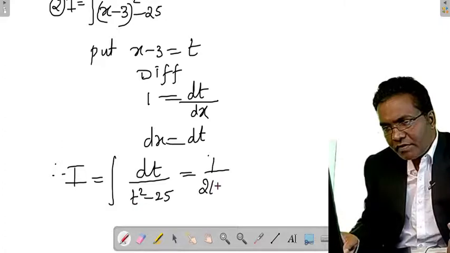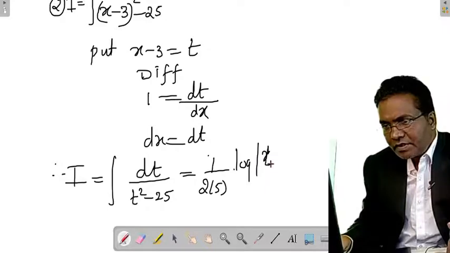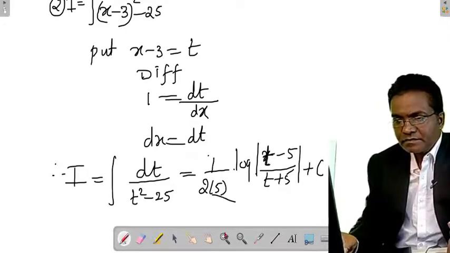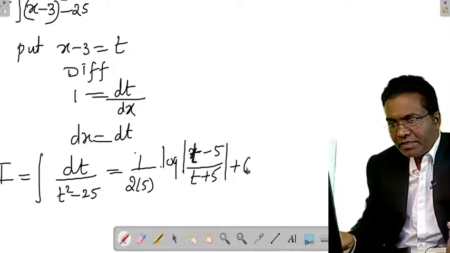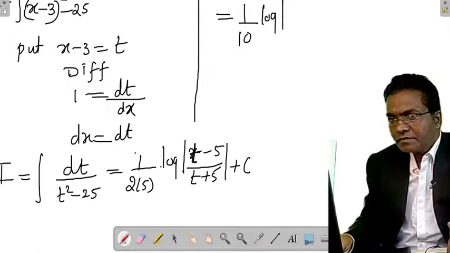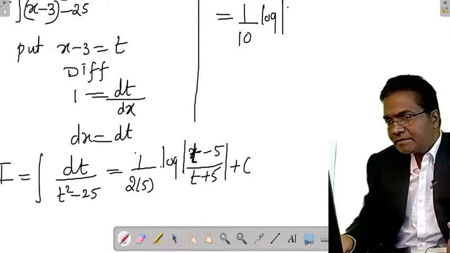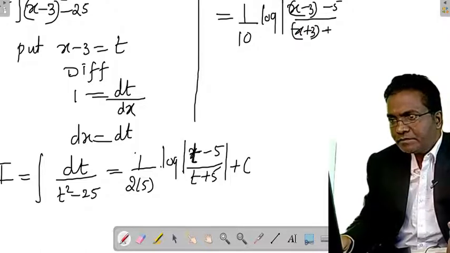So I can write 1 by 2 into 5 into log of t minus 5 by t plus 5. Okay, and t is what? Your t is x minus 3. So it is x minus 3 minus 5 by x minus 3 plus 5.